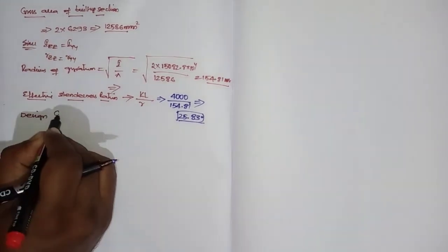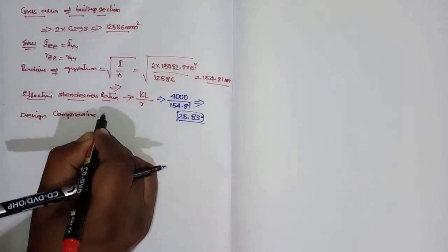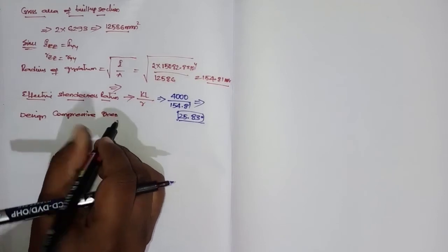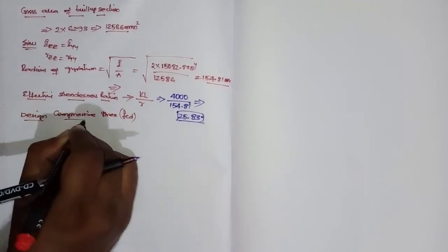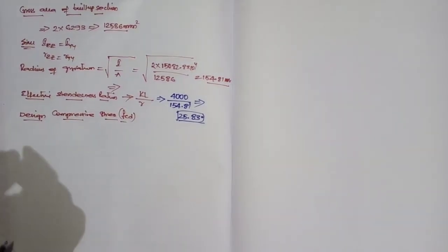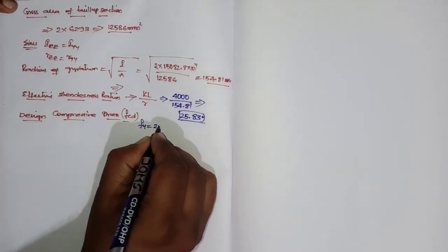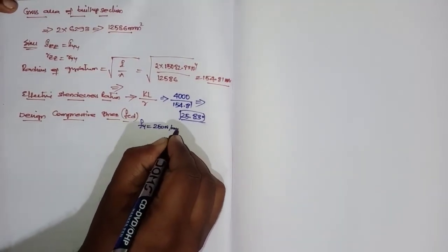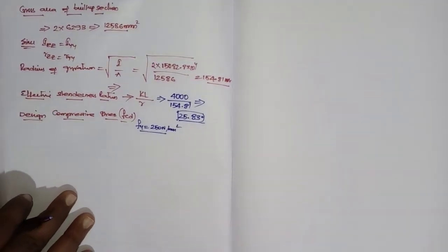Next, the design compressive stress, fcd, for fy 250 Newton per mm square. Now this is a built-up section, so you have to visit table number 9C.